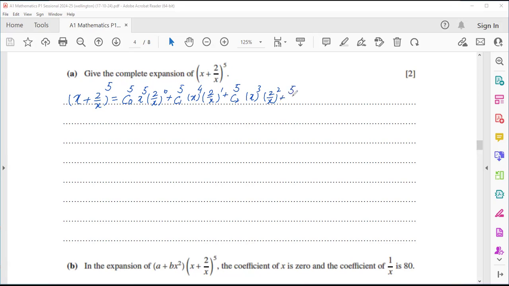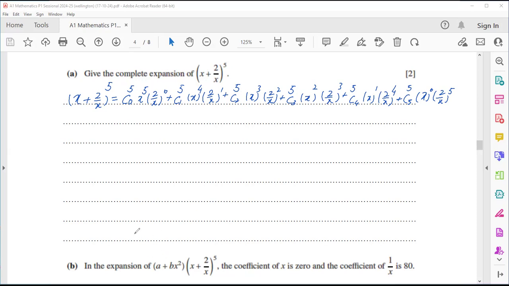Then 5C3, x raised to power 2 and 2 by x raised to power 3. Then 5C4, x raised to power 1 and 2 by x raised to power 4. And the last one is 5C5, x raised to power 0 and 2 by x raised to power 5.